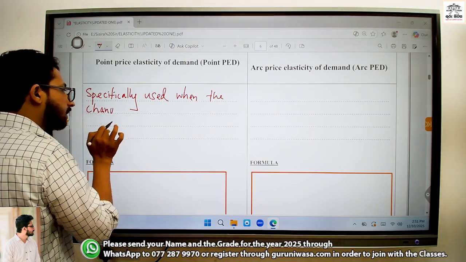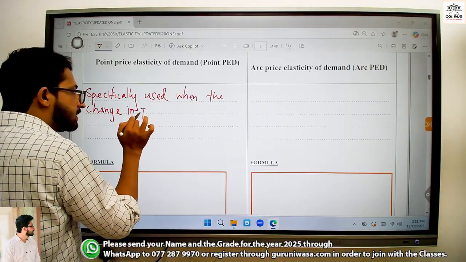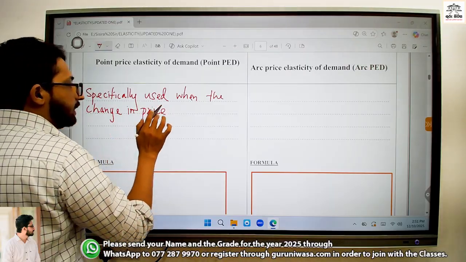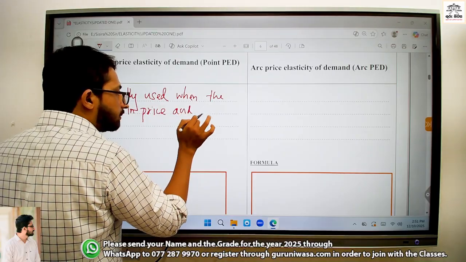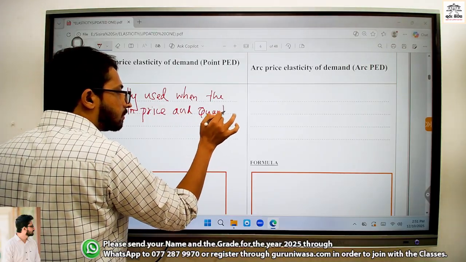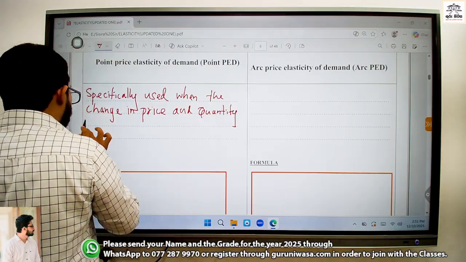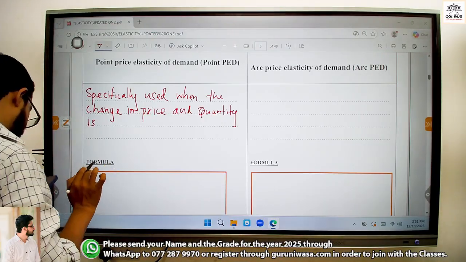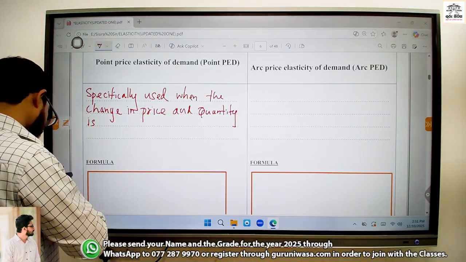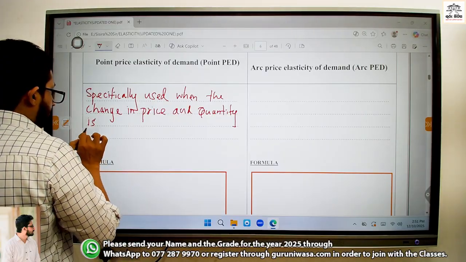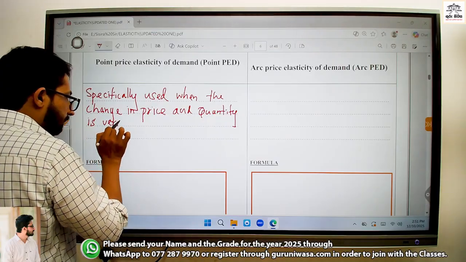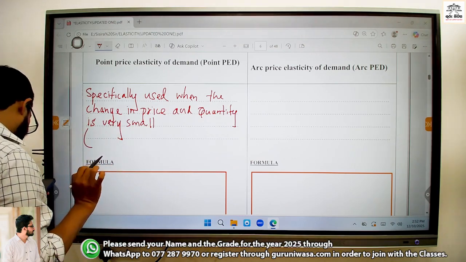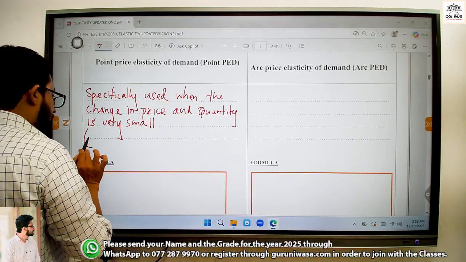and quantity is very small, within brackets, a point position change.